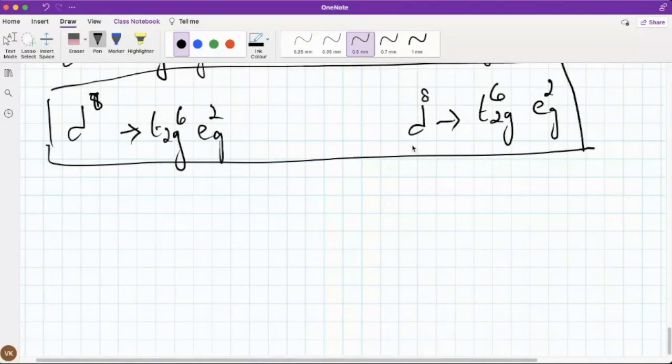Pairing energy is nothing but the electron pairing. But the delta naught can vary depending on the metal or depending on the ligand. So those are the factors that influence delta naught. One is with respect to the metal cation.